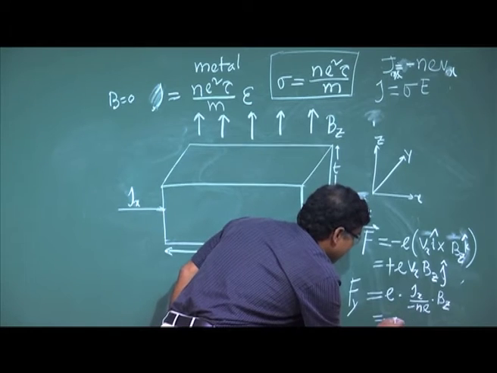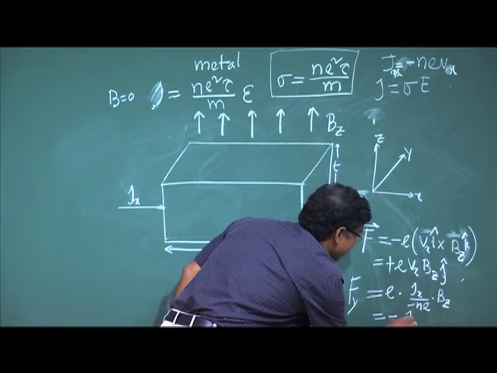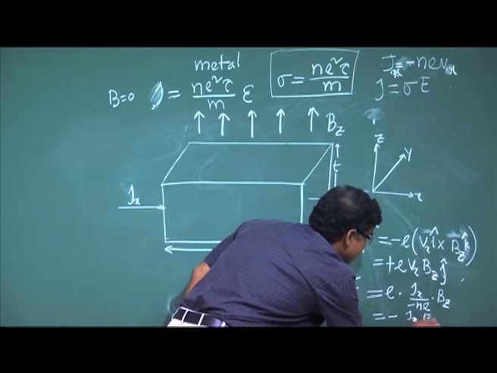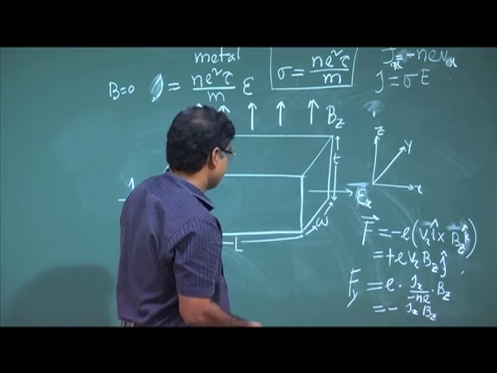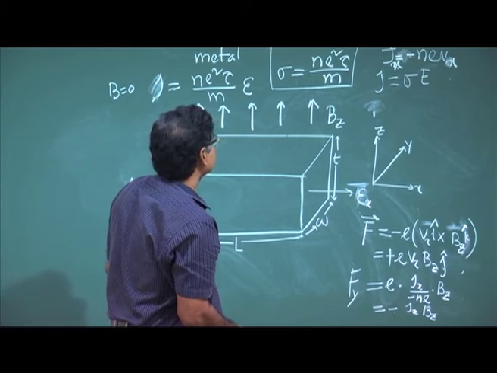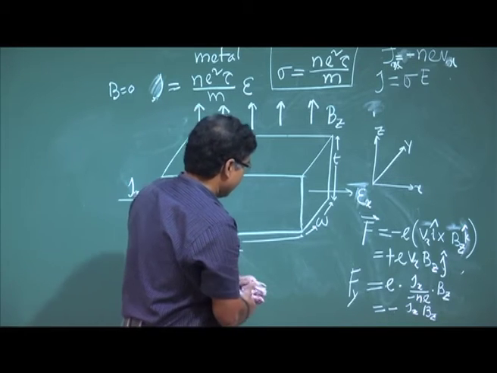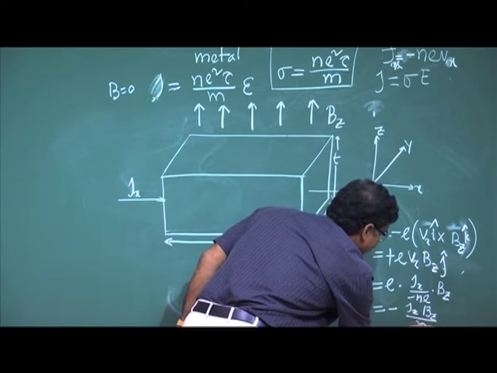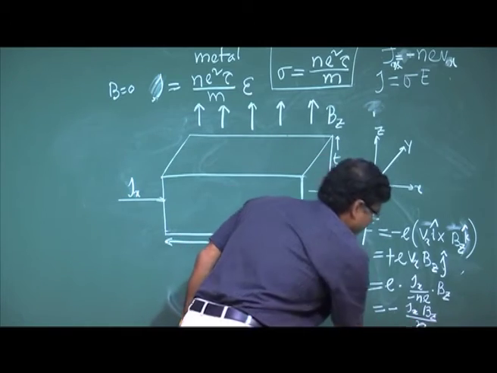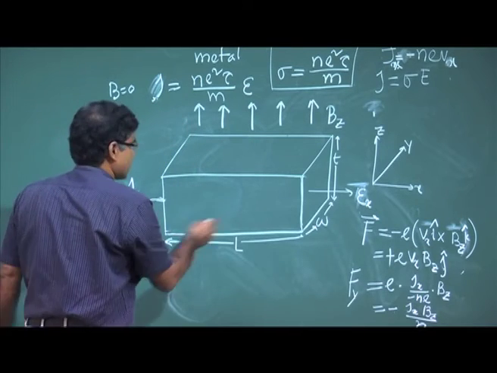So, I will get minus J_x B_z by n. So, that is the force I got.